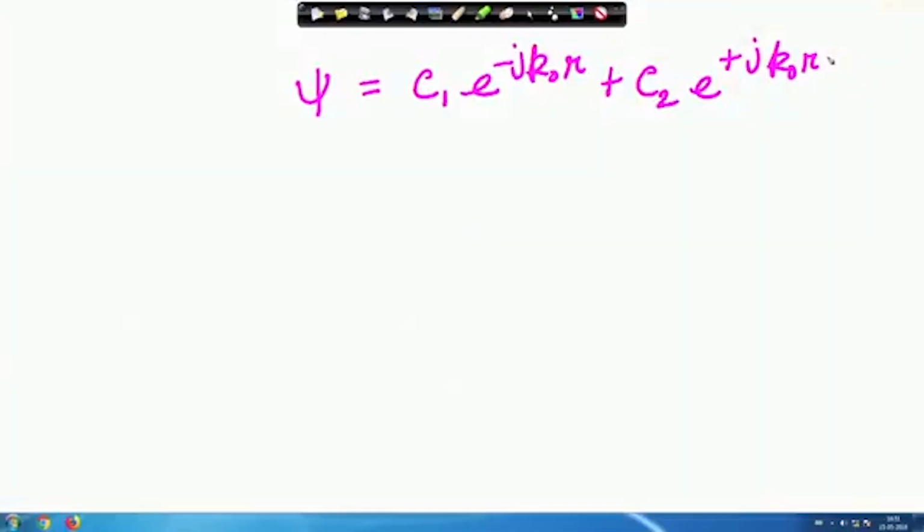So, out of this, if I choose phi is equal to C2 e to the power plus j k naught r, you know this is a wave which is coming inward, and if I put r is infinity, then this value becomes infinite.